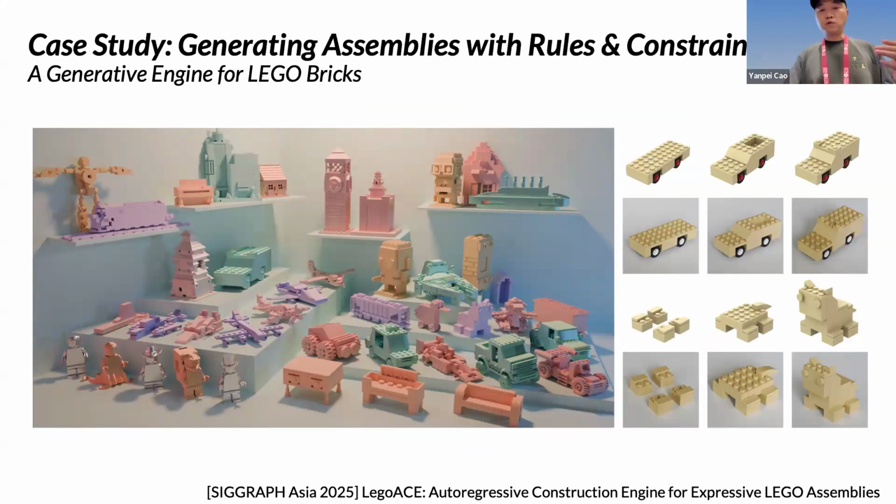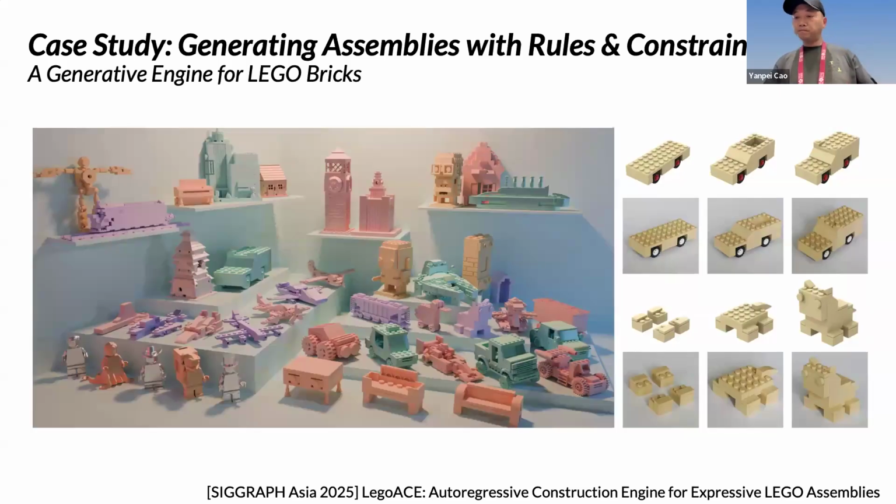Right. To further prove this compositional approach can handle strict and rule-based systems, we apply it to the world of Lego. And our LEGO ACE engine is built to demonstrate this principle. It doesn't just create, let's say, a cloud of bricks. It understands connectivity, stability, and procedural building steps.